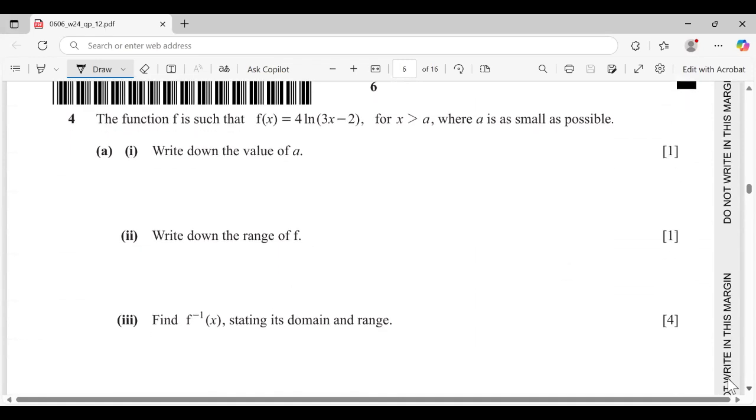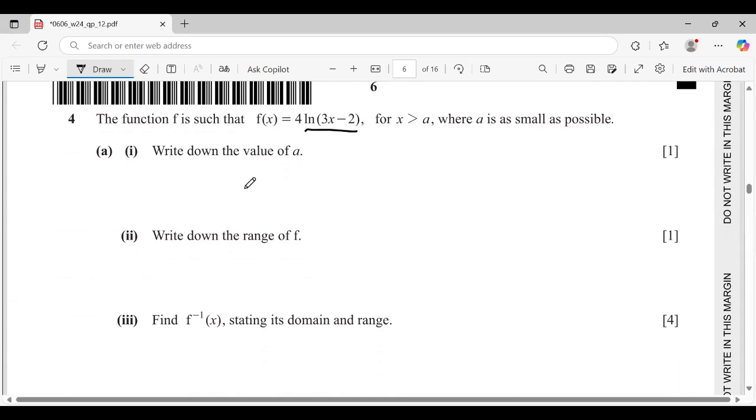Number 4, the function f is such that f(x) = 4 ln(3x - 2) for x greater than a, where a is as small as possible. Write down the value of a. The value of ln(3x - 2) is defined only when 3x - 2 is positive, because the argument of ln must be positive.